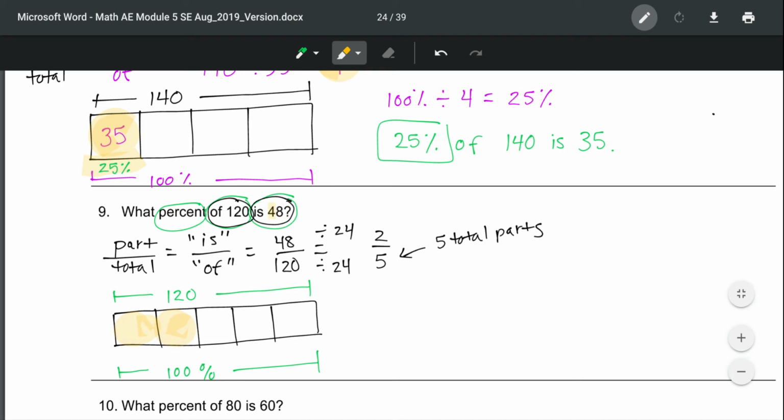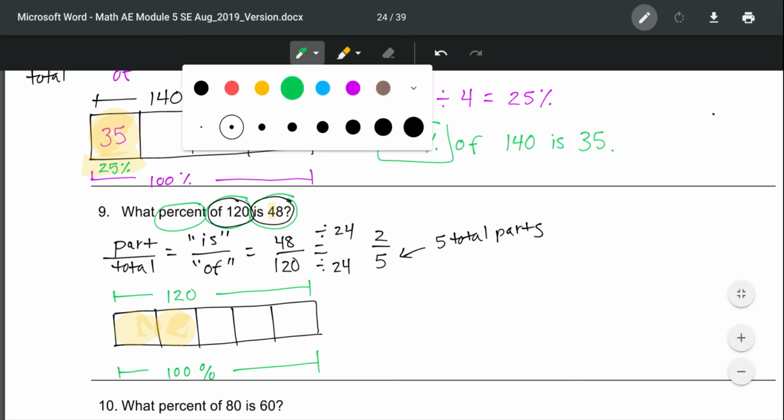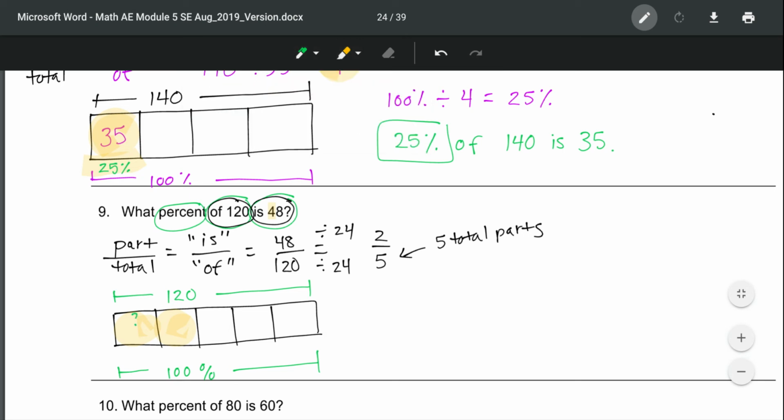Okay, so what you want to do is figure out the value of each of those parts. So take 48 and divide it by 2, so that equals 24. So each of these are 24, and we want to know what percentage value that is.